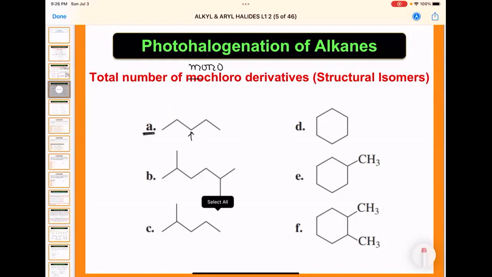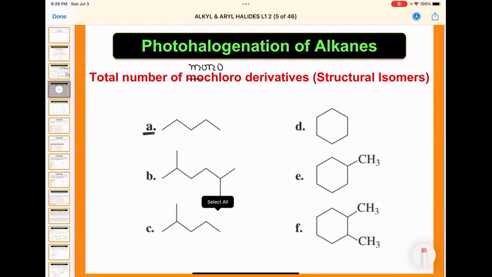Initially, we need to think about the number of carbon atoms, but we also need to check whether all carbon atoms are different, or whether the molecule is symmetrical and some carbon atoms are the same from this side and that side. If there is symmetry, then you will not get different compounds.